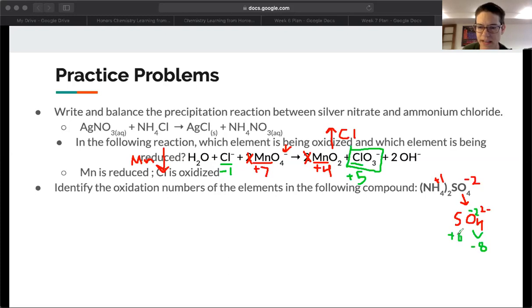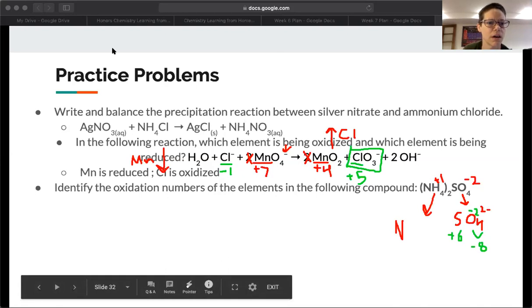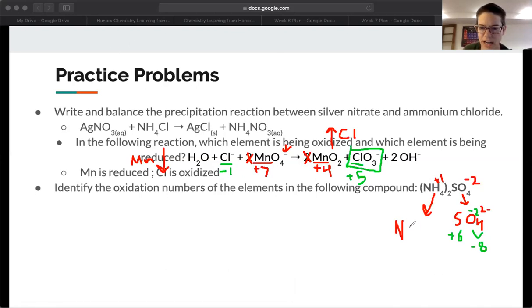+6. And then if I do the same thing with the ammonium, I know that this is NH4 with a +1 here, but I know that the hydrogen is the positive one here, right?